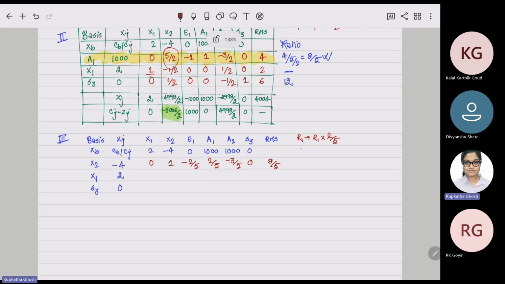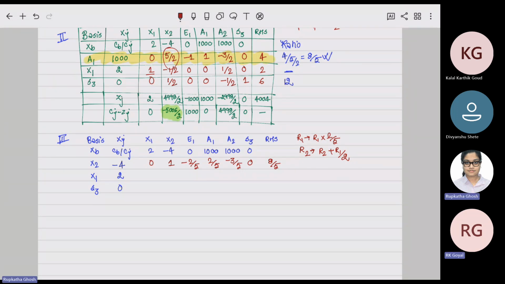What you can do is R2 is R2 currently plus R1 by 2, I guess. Can we do this? Yes, okay, we can do it, right?